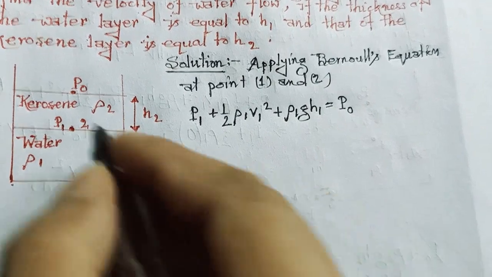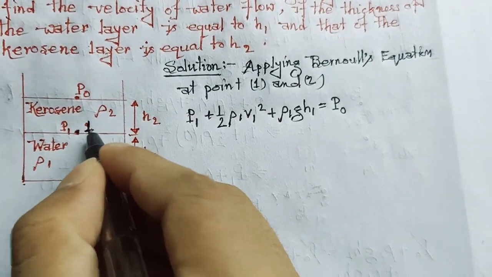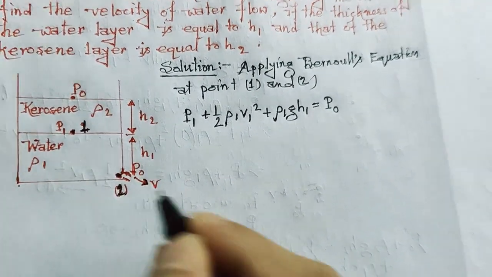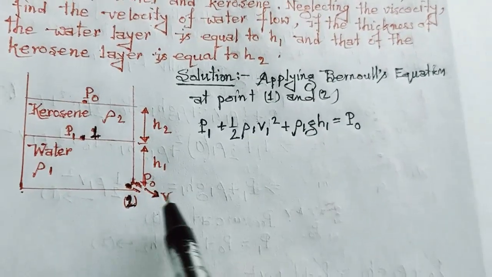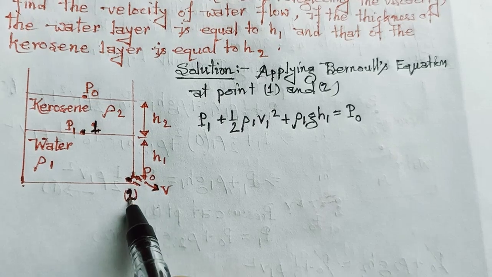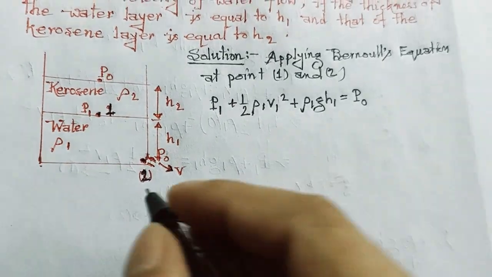Point 2 is free to the atmosphere, so its pressure will be equal to atmospheric pressure, that is P0.